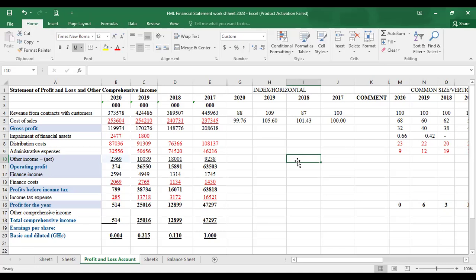Because if you use a common size and it's giving you what is happening within the years, you need to understand why it is so. And then the horizontal would tell you why it is so. So you need to use both together. Although each will give you a picture, you need to put the two together to make very good sense of the business information that you have.